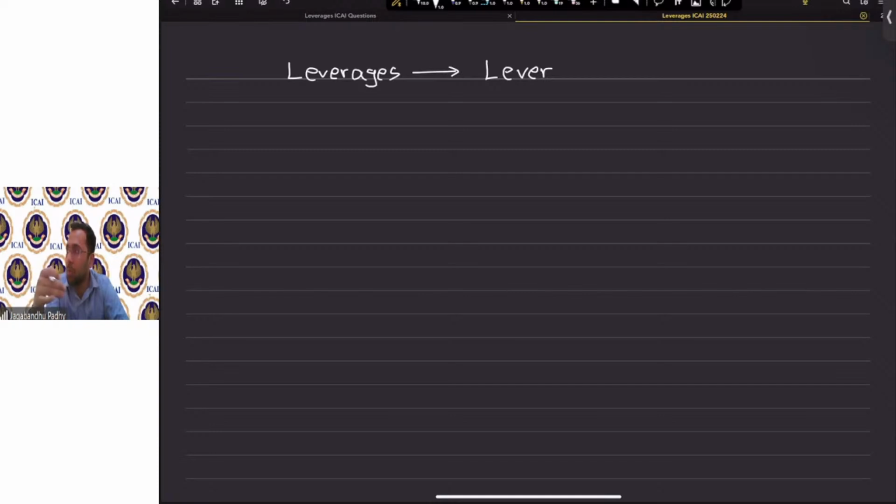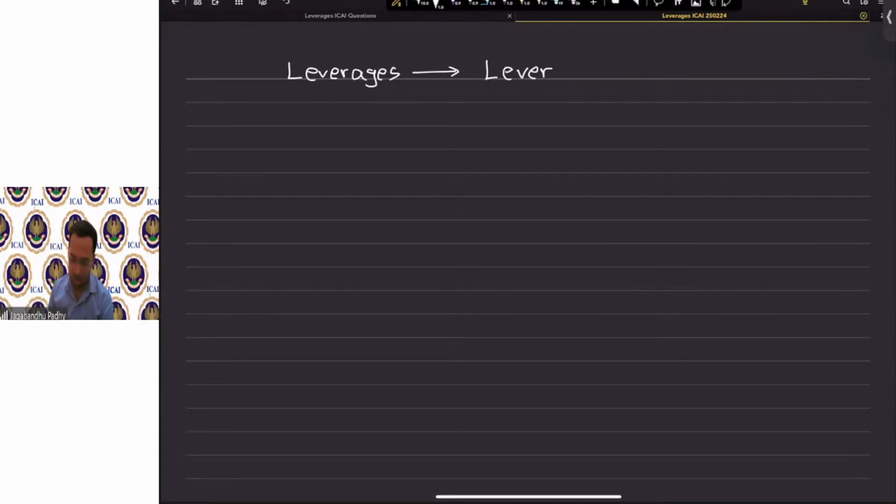The other basic tool you might have learned along with lever would be the pulley, which is used to draw water from the well. You might have also learned something called a plank, to slide heavy weights from one location to another. You might have learned about fulcrum, right?